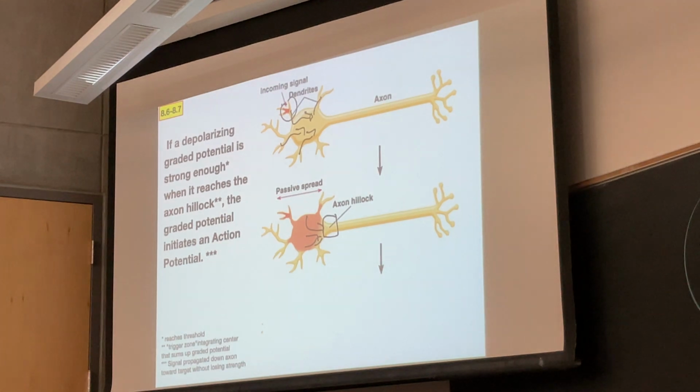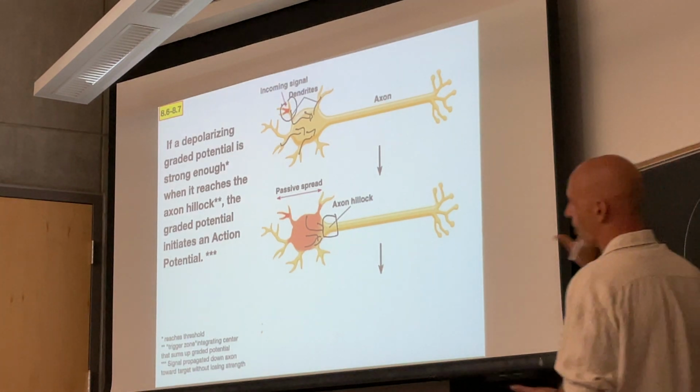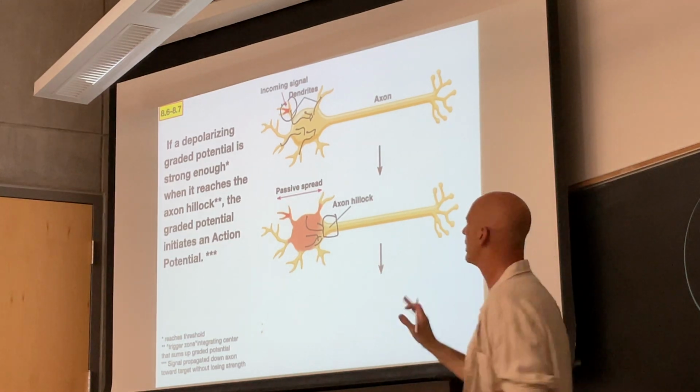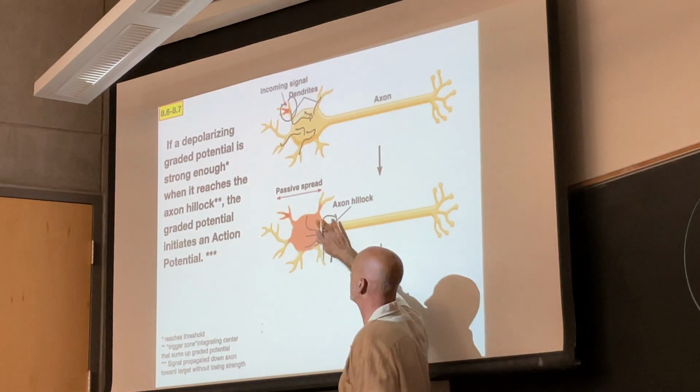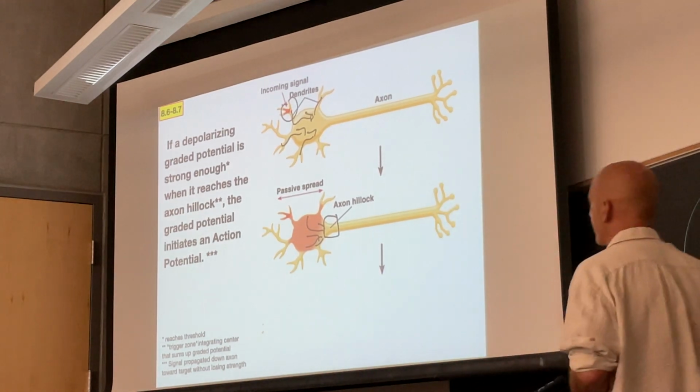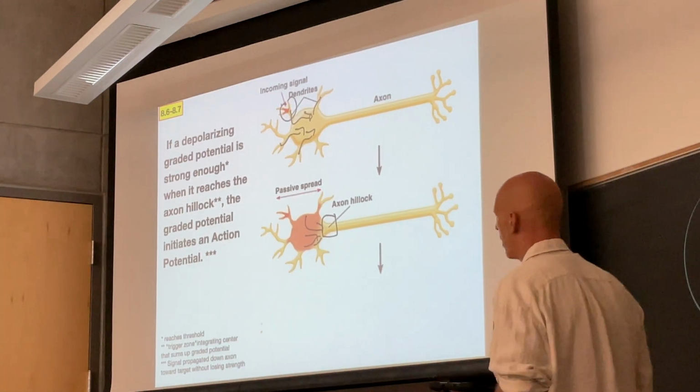It's going to sum up all the signals. We talk about one signal, but tomorrow we'll talk about a bunch of signals coming in, some of them might be negative, but basically it's going to sum it up. Is it strong enough? Does it reach threshold?